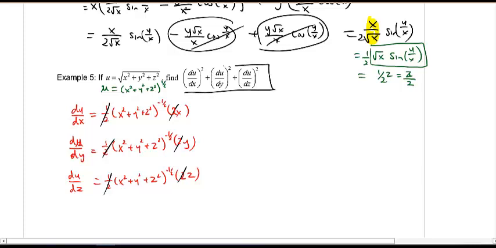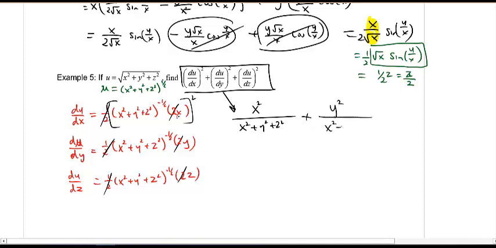So finding this expression now, let's go ahead and square these things. When I square that negative 1/2 it becomes just negative 1, so that's x squared plus y squared plus z squared in the denominator. Don't forget the x also has to be squared, so that's x squared. The next one should be y squared. This is a funky answer.